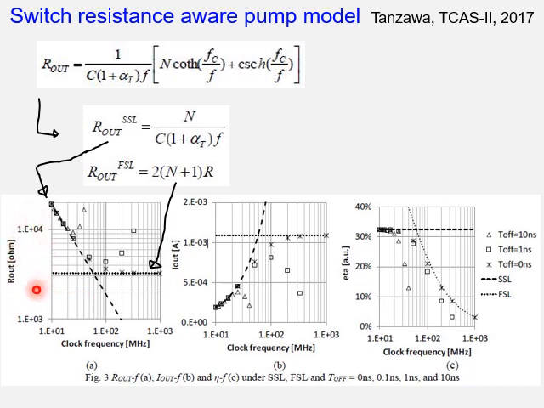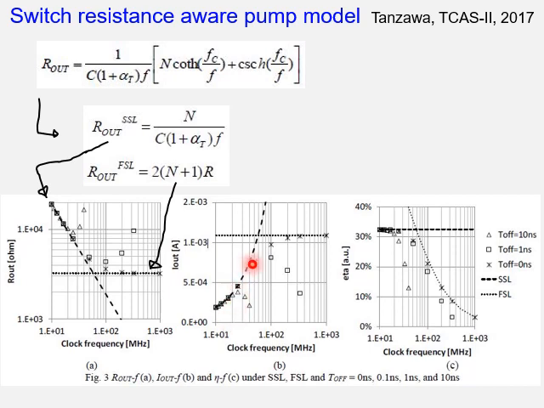So because of this behavior, the output current in either case behaves like this. As the T off time increases, then the highest I out is reduced very significantly.